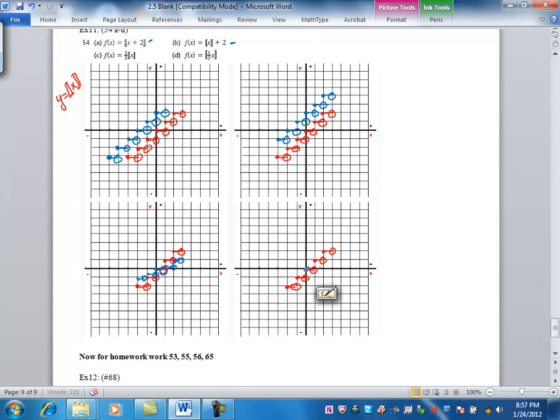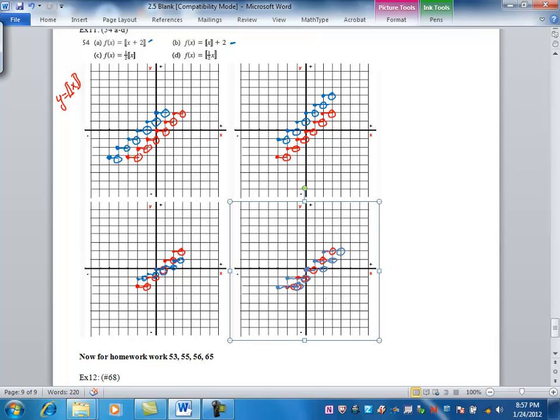So this is going to go from here over to here, from here over to here, from here. You can see the stretching going on. Same thing is true when we get down here. This will stretch out a factor of 2 over this way.